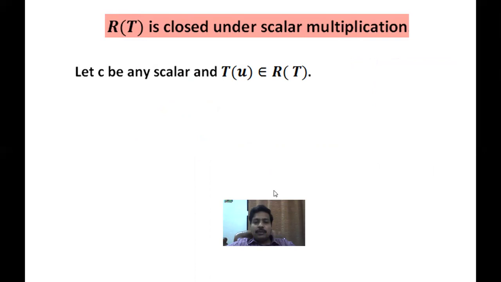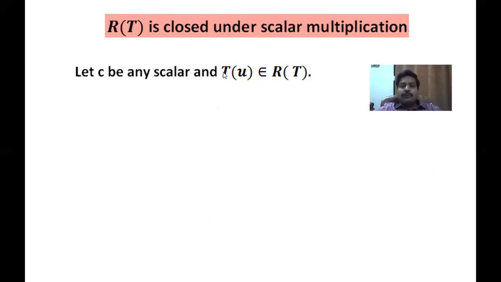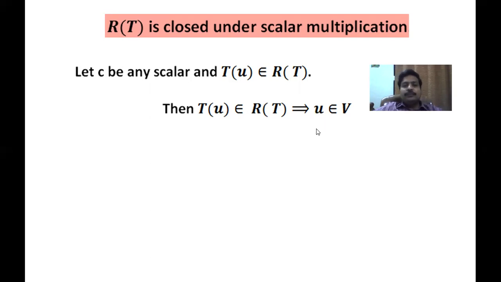Since all the elements in range of T will be of the form T of some element of V, there must be some vector u in V. Since c is a scalar, u is a vector in V and V is a vector space, cu is in V by scalar multiplication.